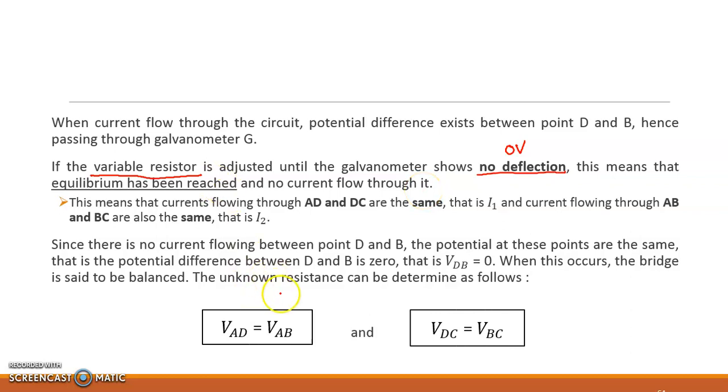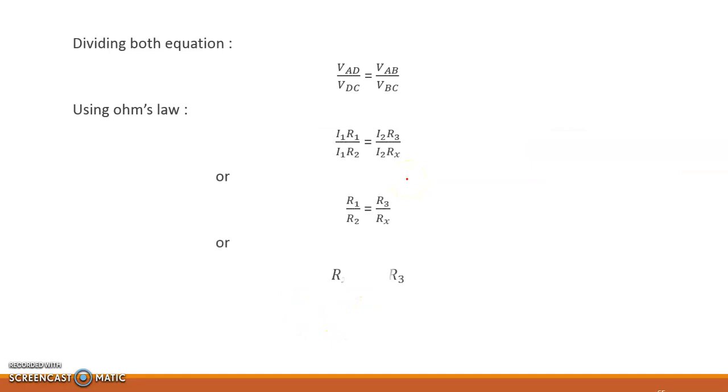Okay, so this is actually the same thing that I have written down. Daripada equation, potential difference yang mana sama dengan apa. And then from here we can derive the equation until we get the equation to find Rx. So actually yang equation ini bukanlah untuk you hafal. Sebab apa? Kalau susunan resistor tu berbeza dalam circuit tersebut ataupun mungkin digunakan label yang berbeza, so you will get a different kind of equation.